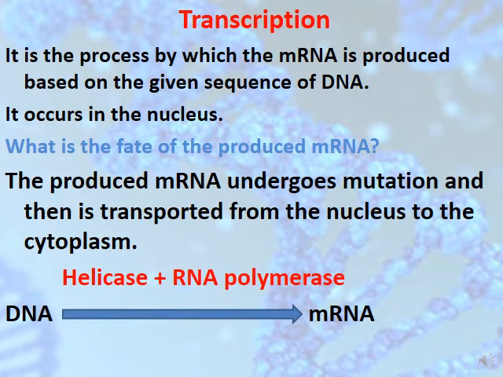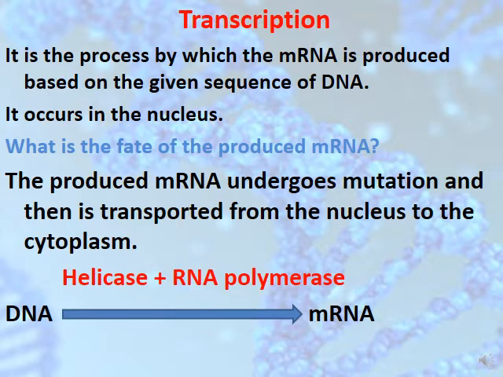So here, what is transcription? Transcription is the process where the mRNA, messenger ribonucleic acid, is produced based on the given sequence of DNA. Mainly the process of transcription occurs in the nucleus. What is the fate of the produced mRNA?